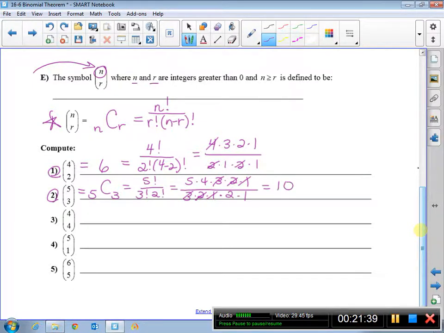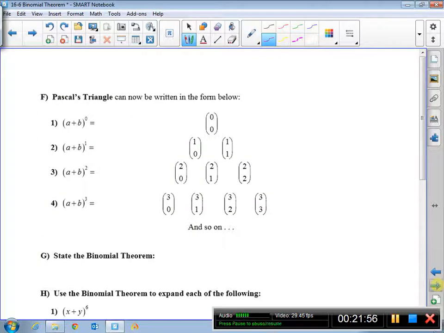Okay, so we've actually already done these because we've done combinations at the beginning of the unit. What this is meant to tie into is Pascal's triangle again. When we wrote Pascal's triangle, I'm going to use a thick marker, we wrote it as 1, 1, 1, then 1, 2, 1, and 1, 3, 3, 1, and 1, 4, 6, 4, 1, etc. These values, 3 is equal to 3 choose 1.